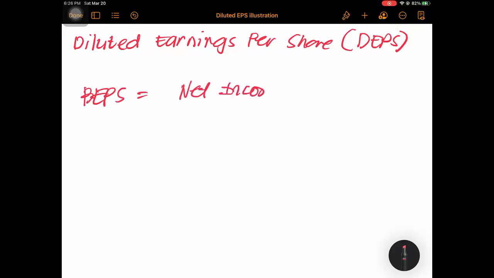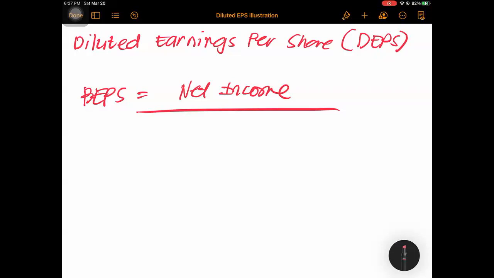Your net income should be net of the preference dividends available for the preference shareholders. Depending on the type of preference shares, we need to identify if the preference share is cumulative or non-cumulative, because it will determine the amount of the net income minus the preference dividends.